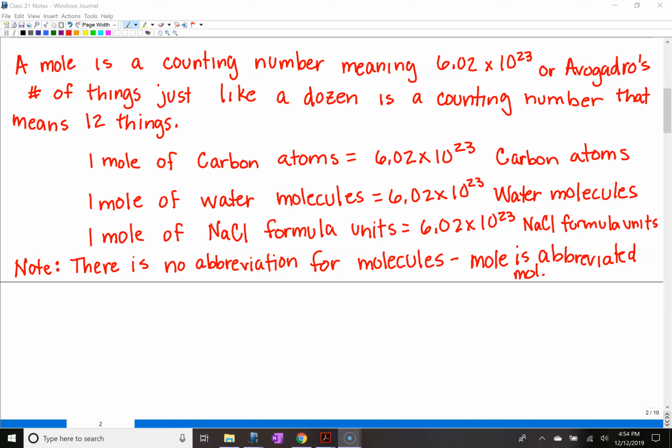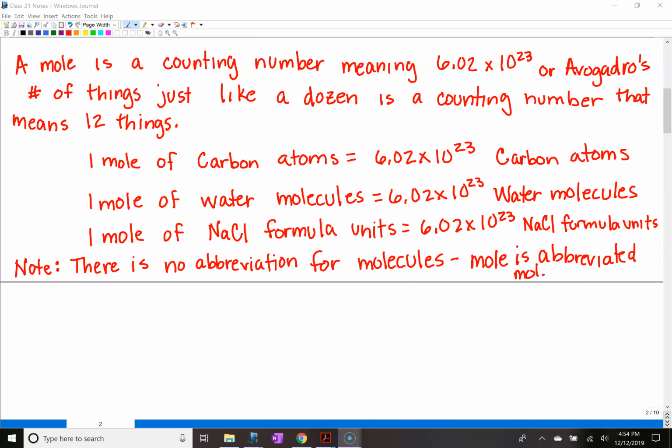If I have 1 dozen water molecules, I would have 12 water molecules. If I have 1 dozen sodium chloride formula units, I would have 12 sodium chloride formula units. Just like 1 dozen means 12, 1 mole means 6.02 times 10 to the 23rd.